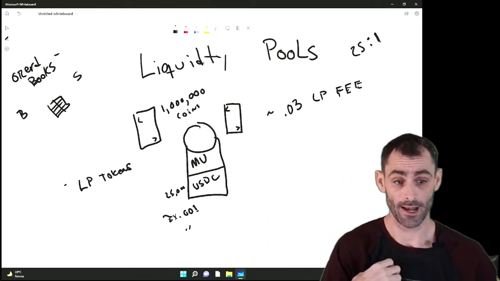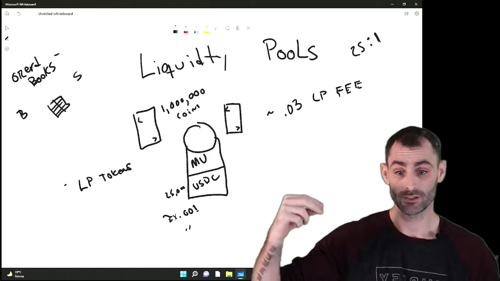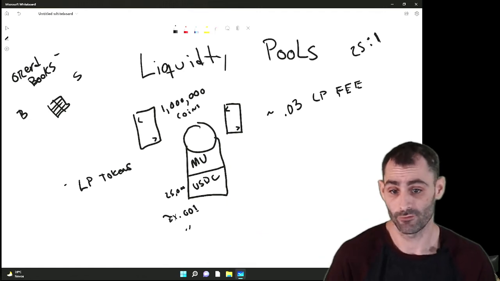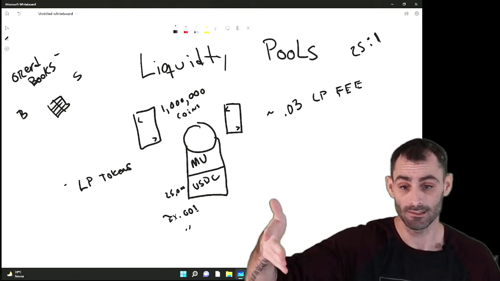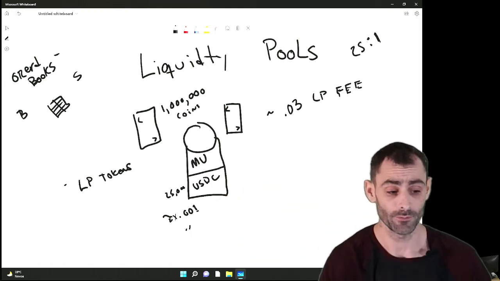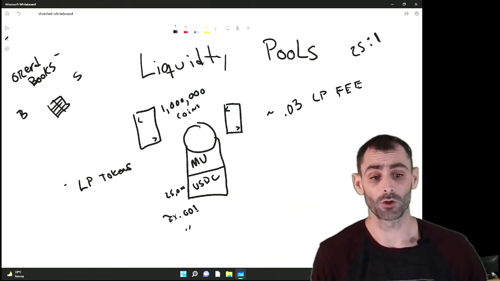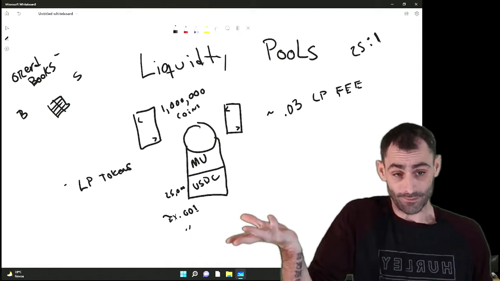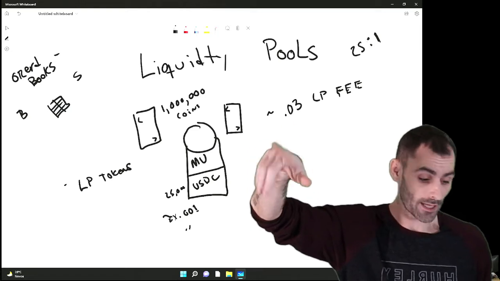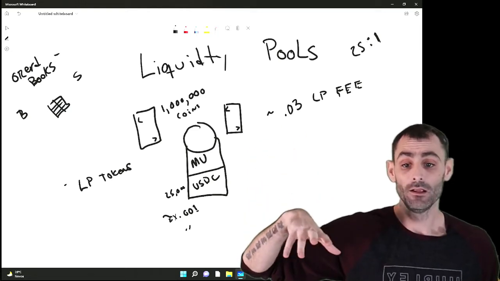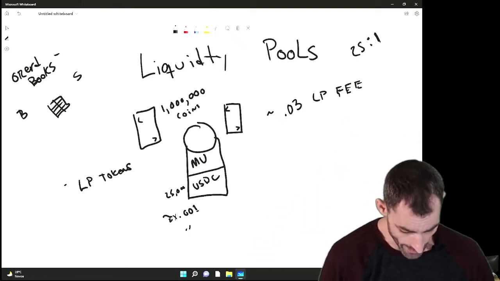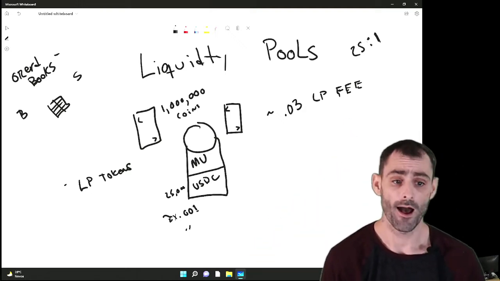They're saying, here's some of my MU, here's some of my USDC. You let people trade between it. If somebody wants to give you some USDC, give them some MU. If somebody wants to give you some MU, give them some USDC. They're doing that in order to receive this liquidity pool fee. Hopefully that makes sense.